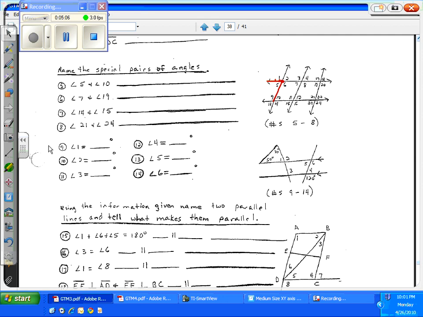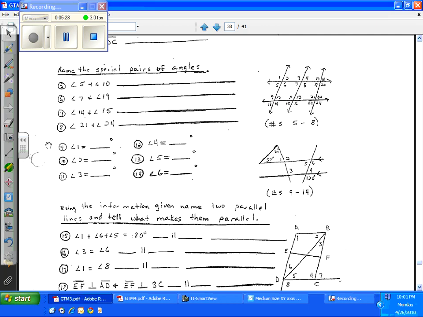And then it says angle 10, and so we're going to draw its vertex, and we're going to go up to that point and then across, and we see that when we draw angle 5 and 10, they make the letter Z. Now those are equal if the lines are parallel. We don't necessarily know that the lines are parallel, so we simply identify angle 5 and angle 10, those two angles that made the letter Z.